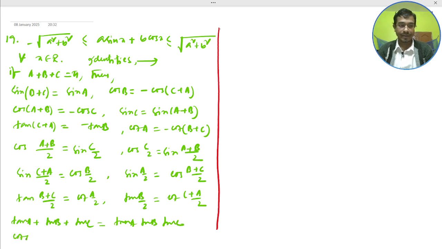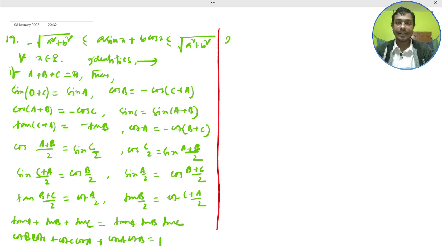Next, cot b cot c plus cot c cot a plus cot a cot b is equal to 1.